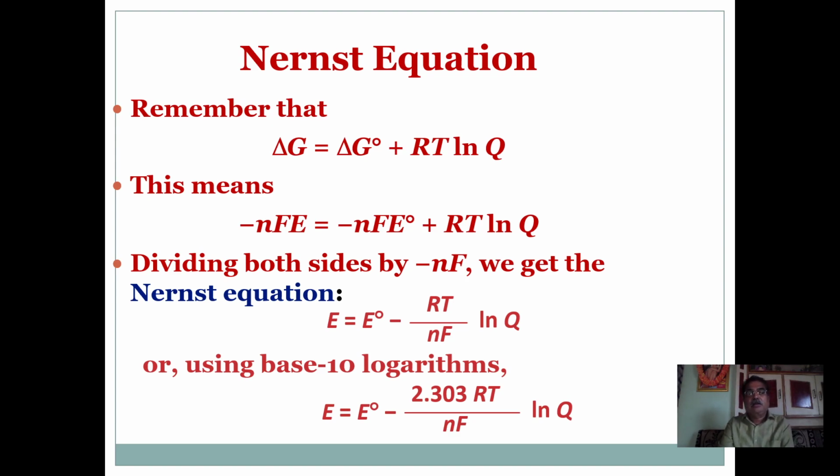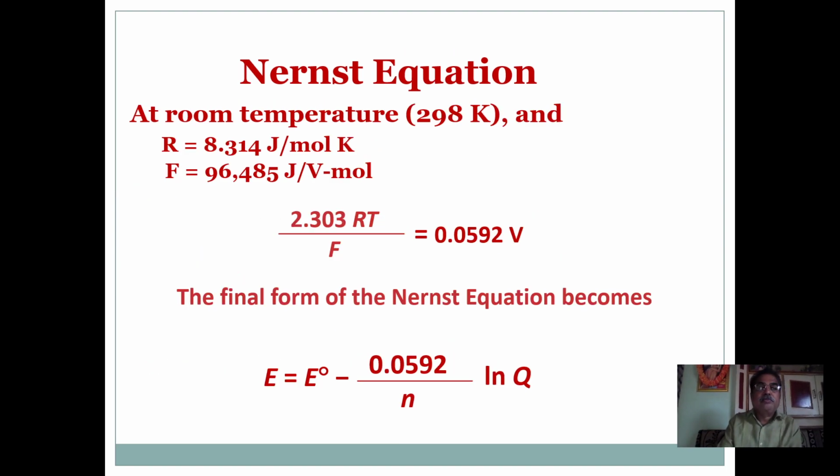or using base 10 logarithm, the equation becomes E is equal to E0 minus 2.303 RT/nF log of Q. So for the Nernst equation at room temperature, that is 298 Kelvin, R is equal to 8.314 joules per mole per Kelvin, F is equal to 96,485 coulombs per mole.